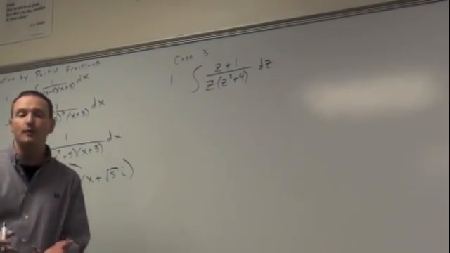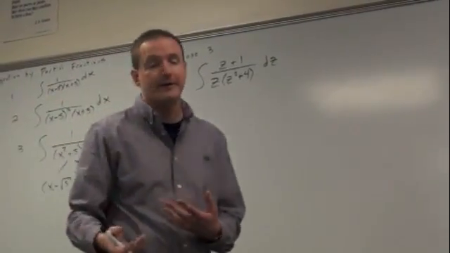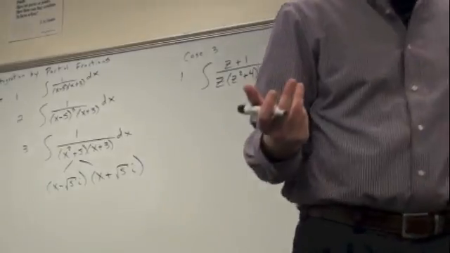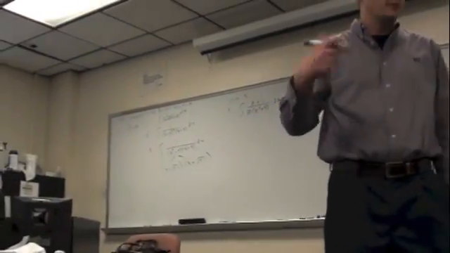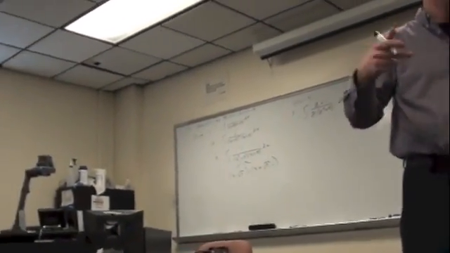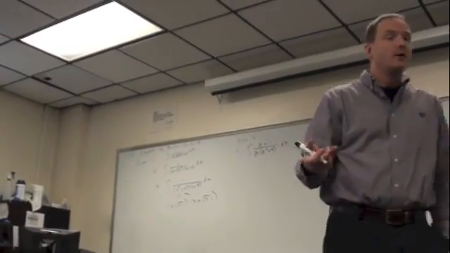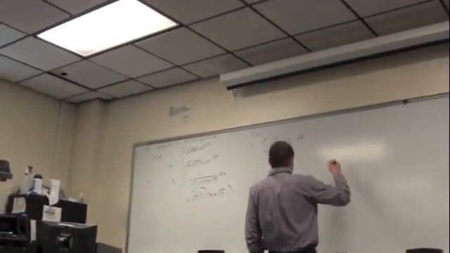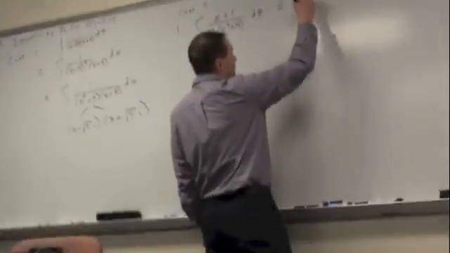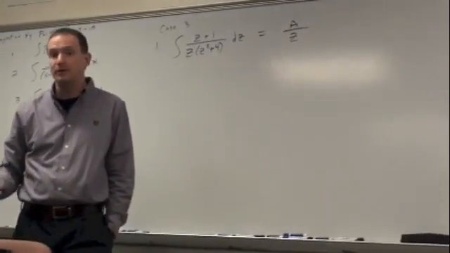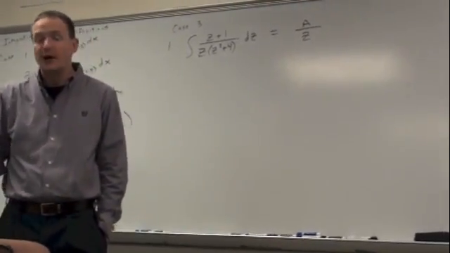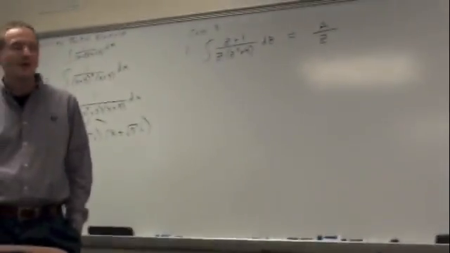Okay, here's the only difference when you have an irreducible quadratic factor as opposed to the other. If you have a quadratic denominator, the numerator is going to have to be 1 degree less. So I can say the first factor in this would be a over z. Why is it a constant? Because my denominator is z to the first, so I have no z at all in my numerator.